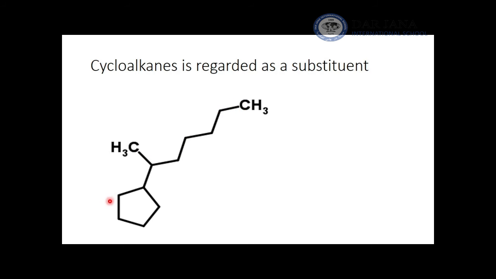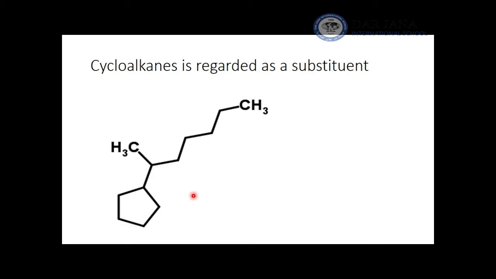Cycloalkane is regarded as a substituent when the parent chain has 6 or more carbon atoms. Look here, this chain has more than 6 carbon atoms, so I am going to take this cycloalkane as a substituent, not as a parent.